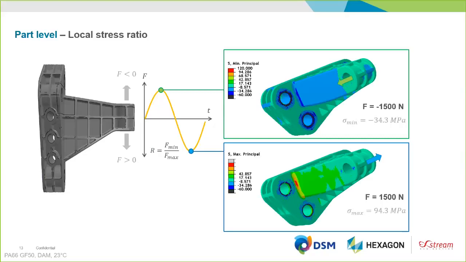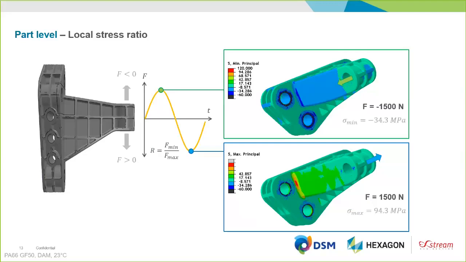And we have a minimum principal stress in the area where we have failure of the part of minus 34 MPa. Whereas when we load the part in the opposite direction, we get tensile stresses. And those tensile stresses are higher because of that preload that I mentioned that is caused by the pretension in the bolts.